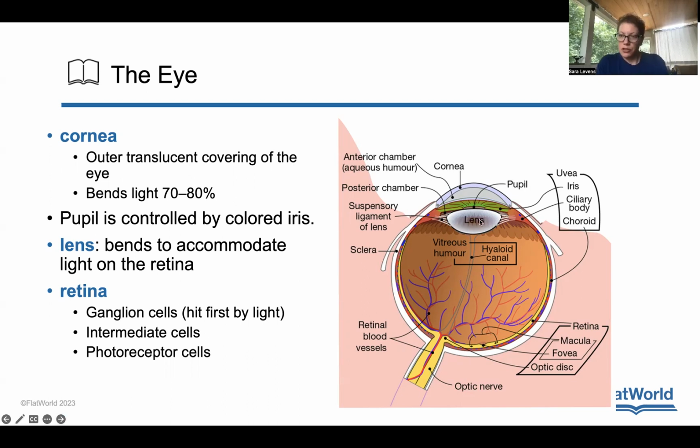So when you're trying to focus, that's your lens accommodating based upon how far or close you are to things, to center the most detailed, important information that you're looking at on the center of your retina. And then your retina is basically all along the back here.